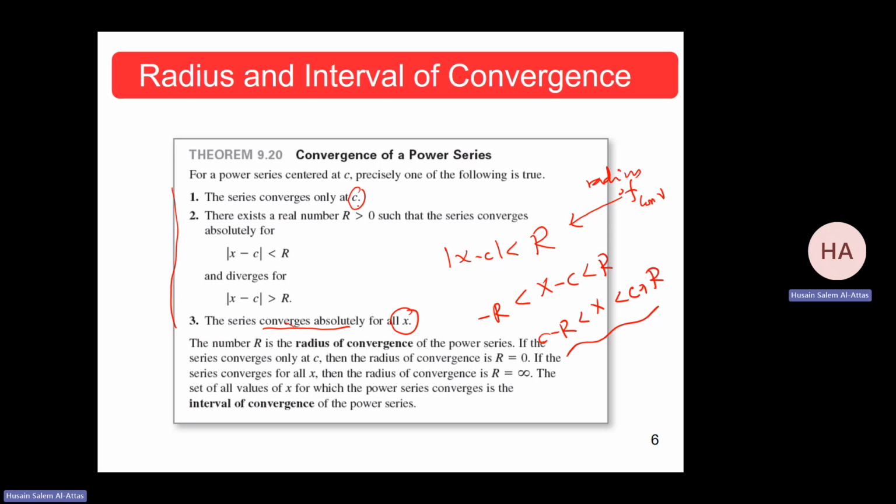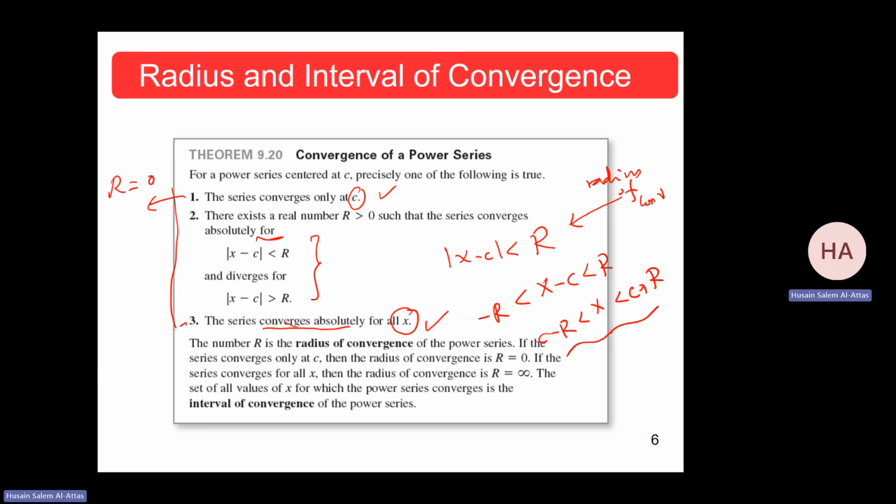So I have either converges only at c, or converges for all x, or converges for an interval and diverges for the other values. If it converges for absolute value of x minus c less than R, it will diverge for absolute value of x minus c greater than R. In this case, the radius of convergence would be 0, because there is nothing, we have only a point.